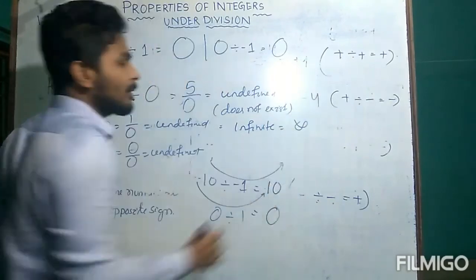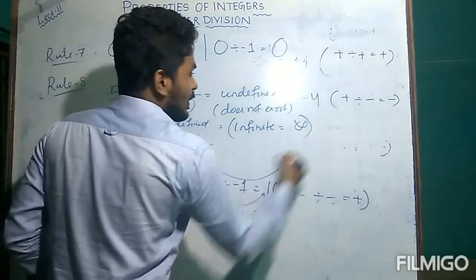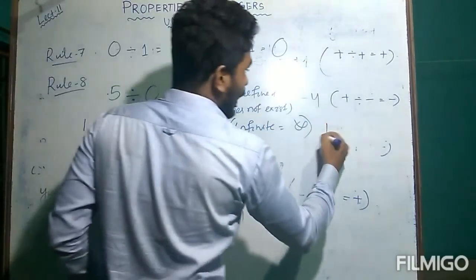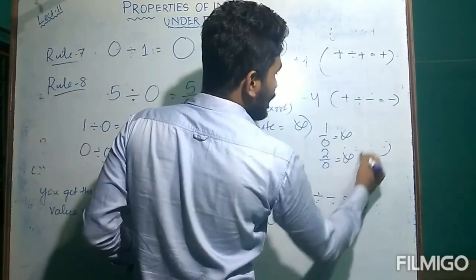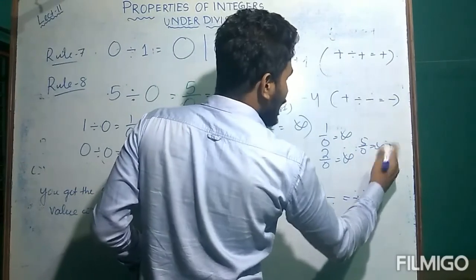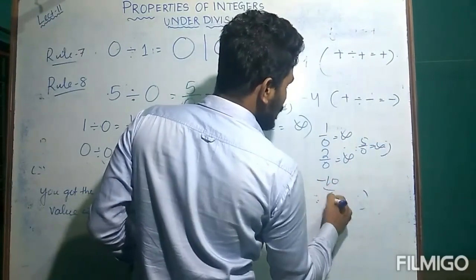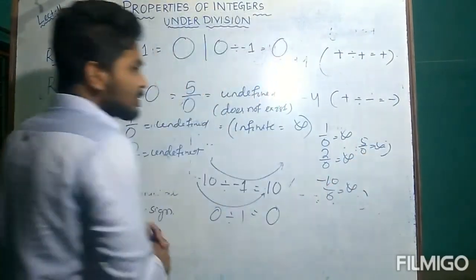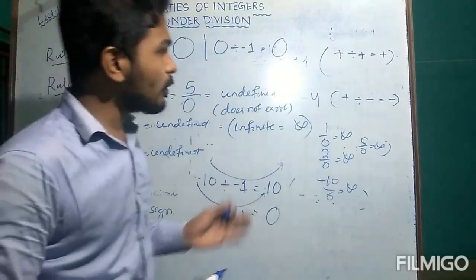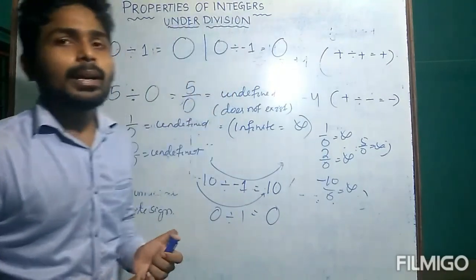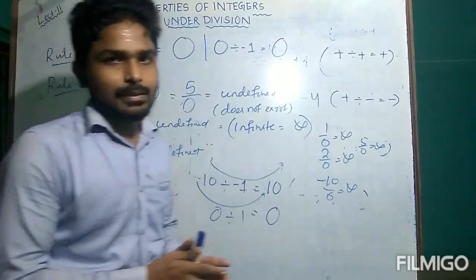This is the symbol for infinite. So 1 by 0 is infinite, 2 by 0 is infinite, 5 by 0 is infinite, -10 by 0 is infinite. Understood? These are the basic 8 properties of division. You can follow these properties in order to calculate the division of integers, right?